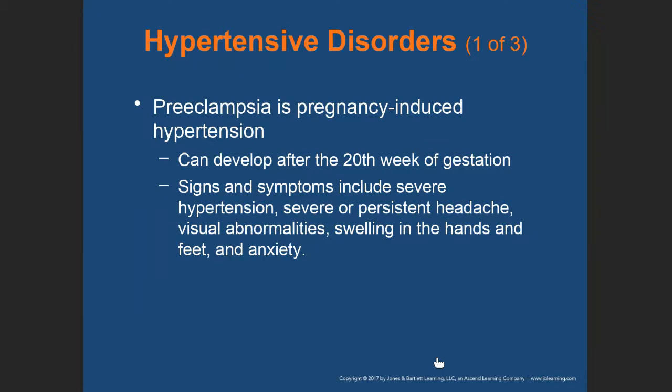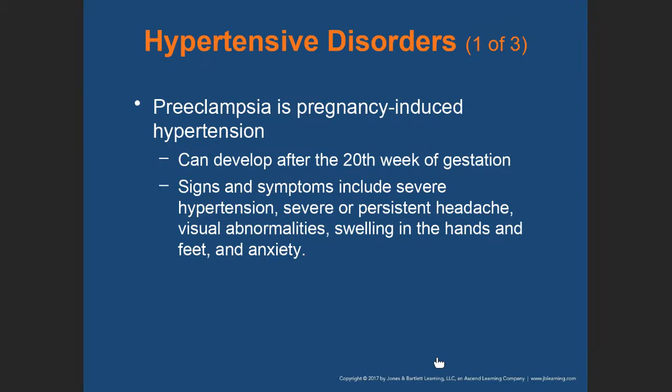Now, chronic hypertension can interfere with the growth and development of the fetus. It can affect their liver and renal function. It can lead to pulmonary edema in the mother, and it can lead to life-threatening grand mal seizures.